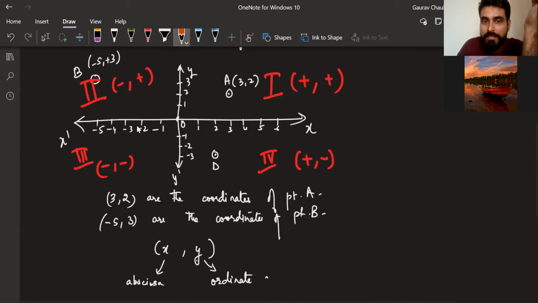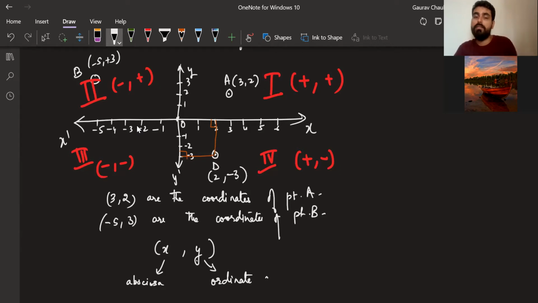All I have to do is drop a perpendicular to the x-axis and drop a perpendicular to the y-axis. The perpendicular to the x-axis touches it at 2, so the x coordinate is 2. The perpendicular to the y-axis touches it at -3. So the y coordinate or the ordinate is -3. Everyone good so far?